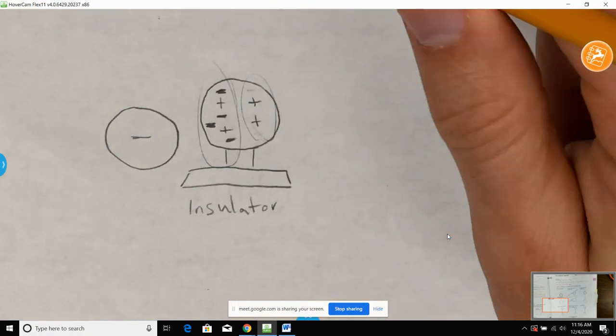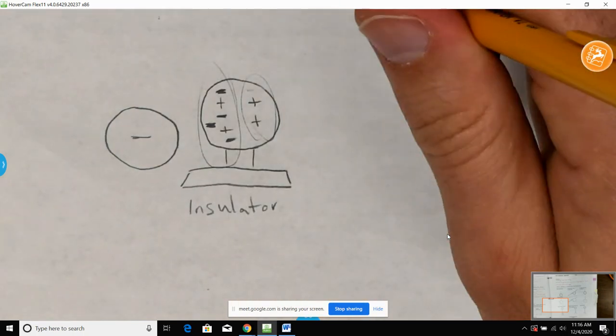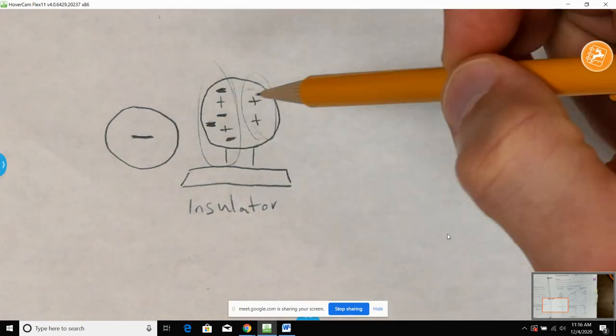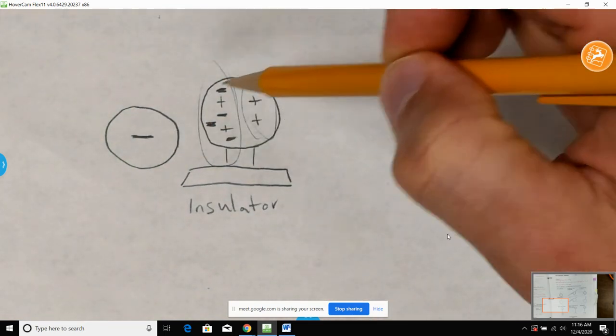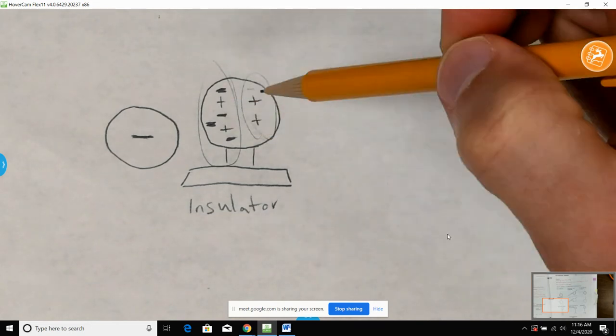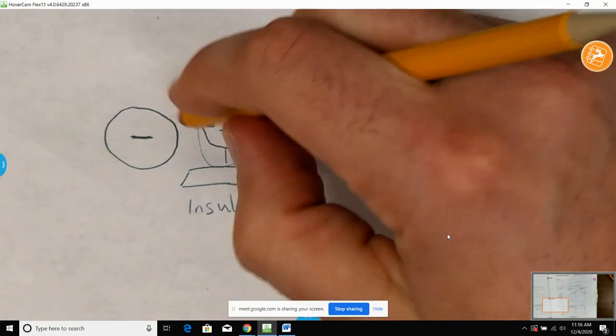What kind of charges attract each other? Opposite. I brought a negatively charged object here, and I was just saying that the negative charges slid over this way. That should not happen.